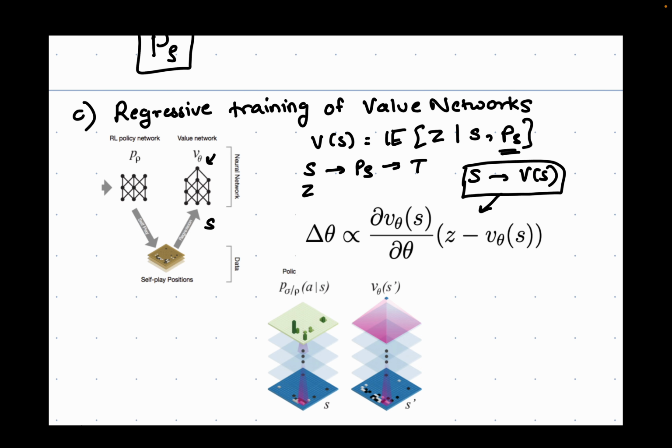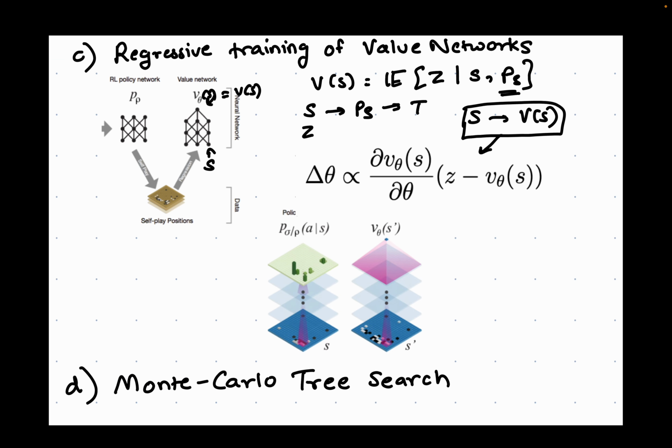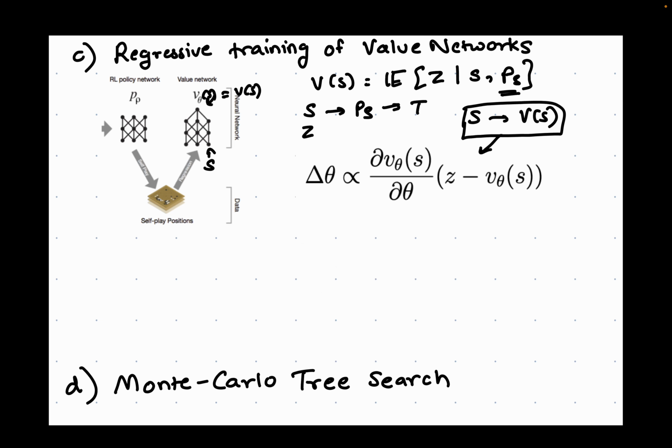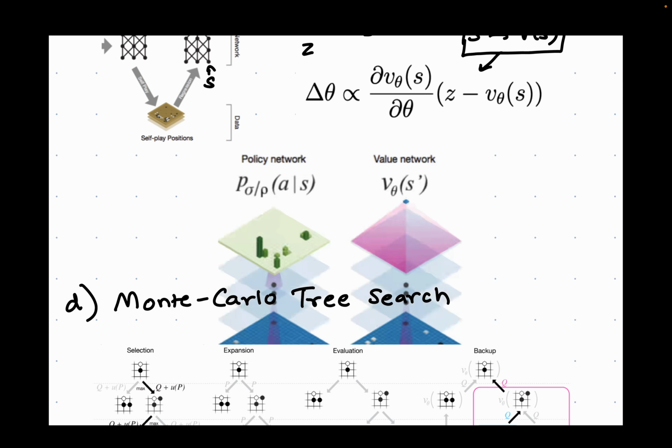So you input S here, and V theta of S should be close to your simulated V of S. This is vanilla regression, and in regression you use the square loss function, which gives you this gradient update that I have put in as an equation. Okay, fantastic. So these two components are ready. Your policy network is ready and your value network is ready.